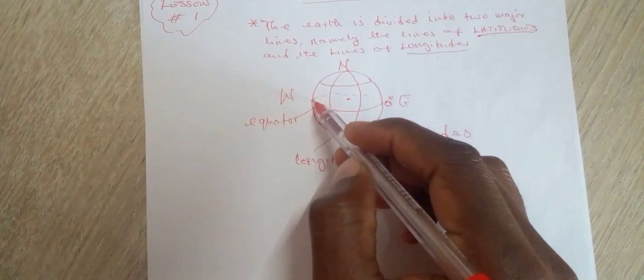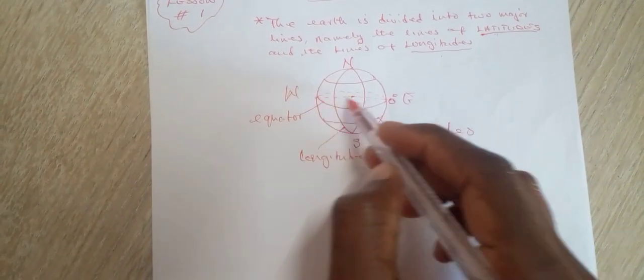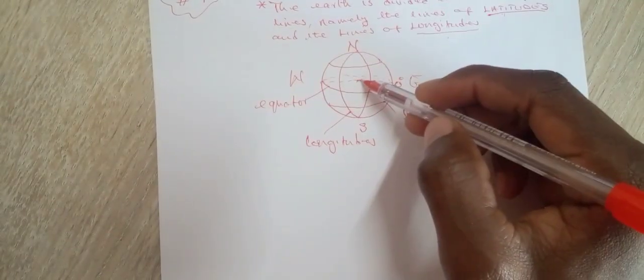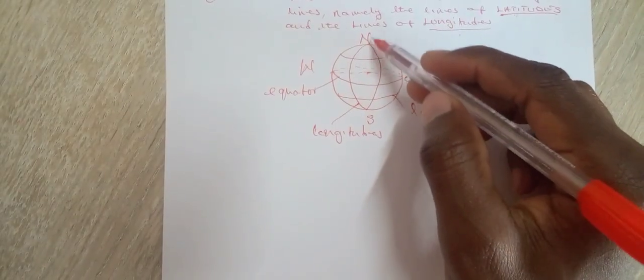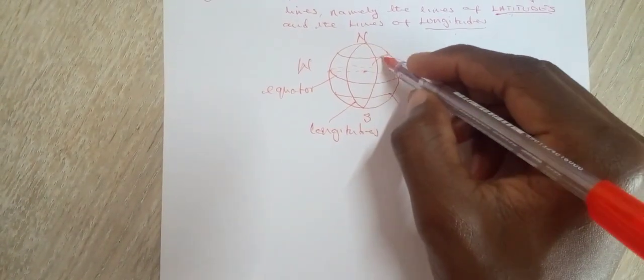Let's say that this is our origin here, and there is an equator passing exactly at the origin. From this line I've sketched here, going all the way up to the northern side, it is called the northern hemisphere. So the whole of this region here is called the northern hemisphere.